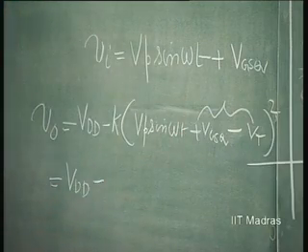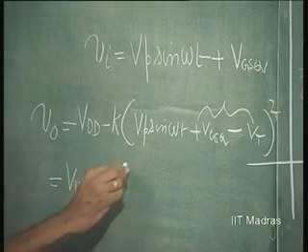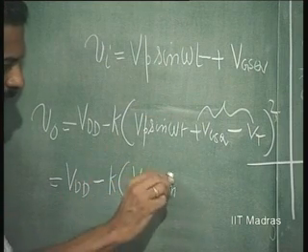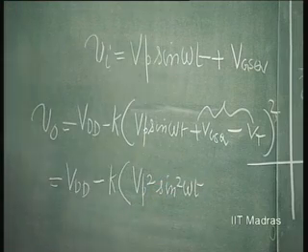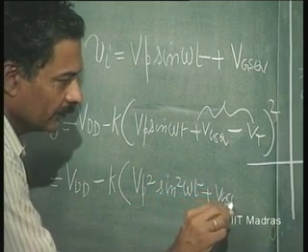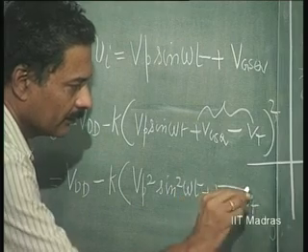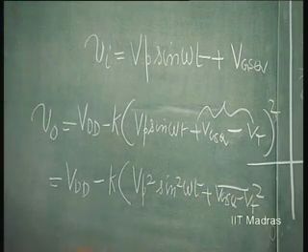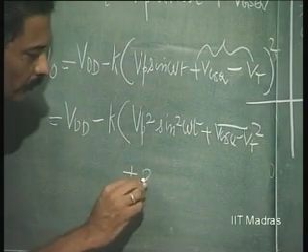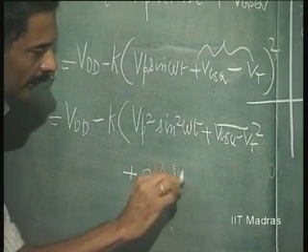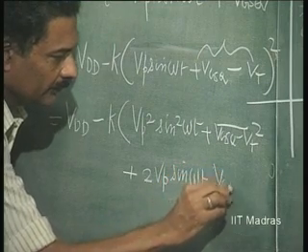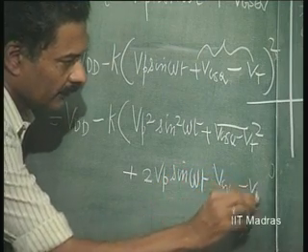So, we have K times the square: Vp squared sin squared omega t, plus (Vgsq minus Vt) whole square, plus 2 Vp sin omega t into (Vgsq minus Vt).